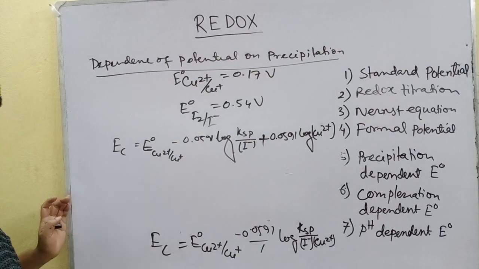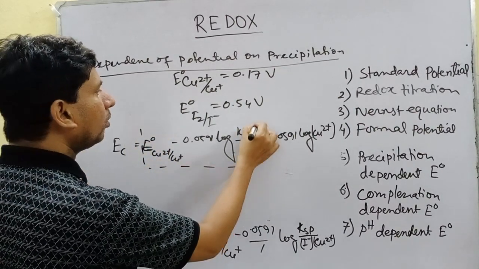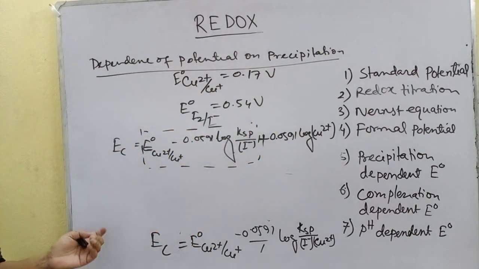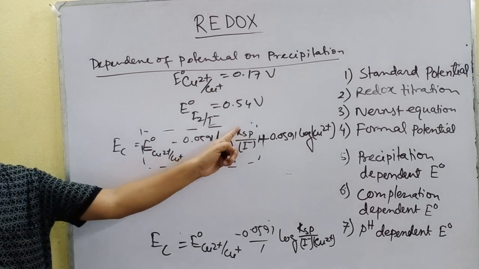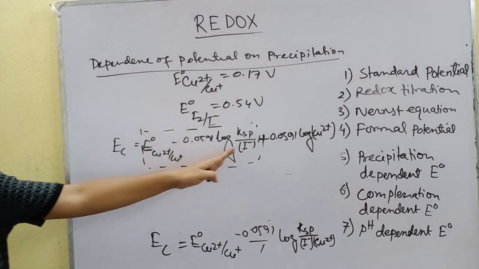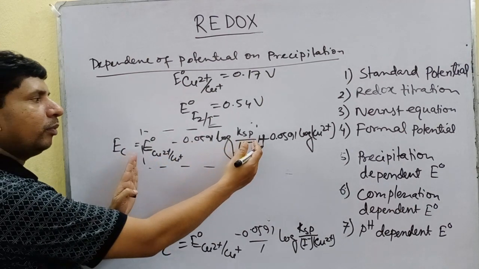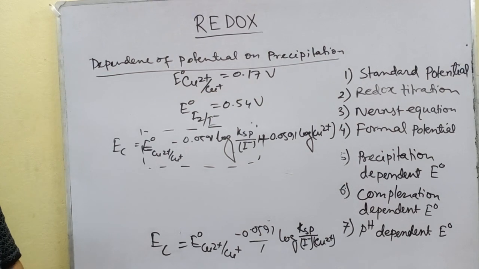Now what happened? Since KSP is there and the iodide concentration is there, this portion may be a constant value.